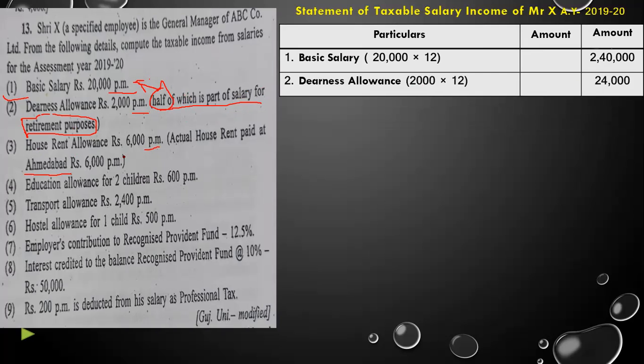Then house rent allowance is 6,000. Now to calculate HRA, we have to go through the conditions. First condition is actual received HRA. We have received 6,000.